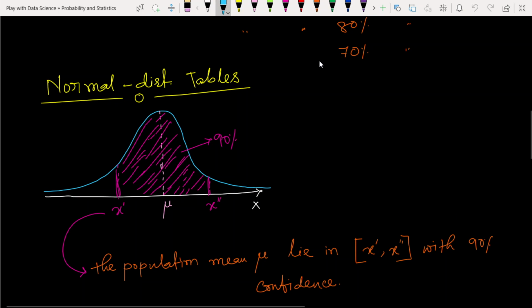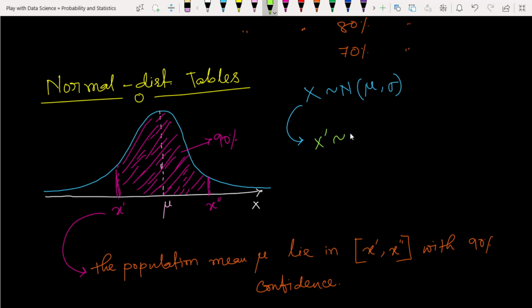We learned these things in one of our previous lectures. Suppose we have a distribution X that follows a normal distribution with mu and sigma, and we convert it to a standard normal distribution with mean 0 and standard deviation 1. How do we do this?